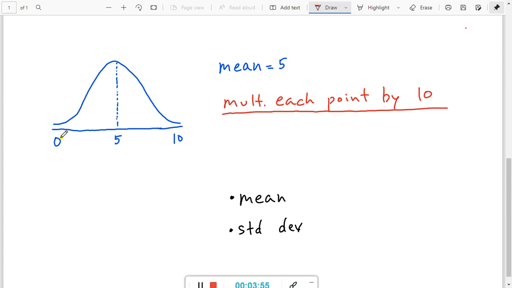Okay, so instead of 0, 5, and 10, the 0 remains as a 0. 5 times 10 is 50. And 10 times 10 is 100.